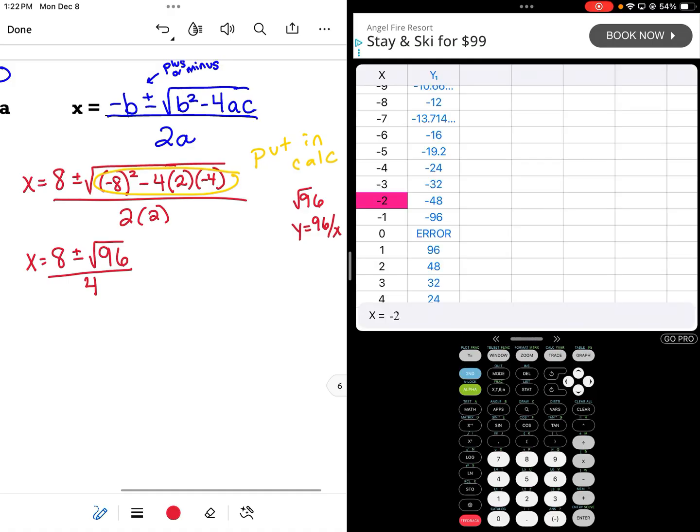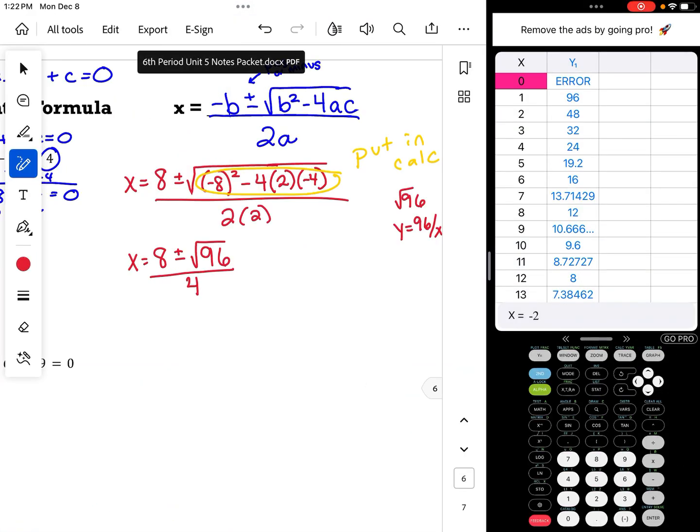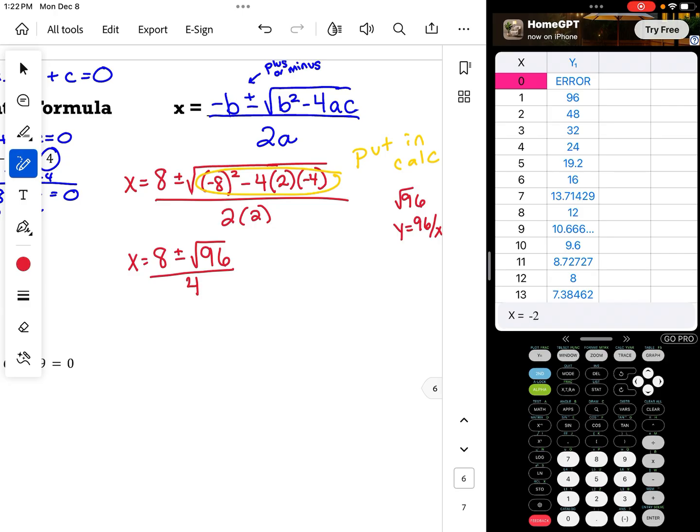We hit second table. And then we look at the numbers x and y to see which one's a perfect square. And we want the largest perfect square. Do y'all see it? Yep, 16 and 6.